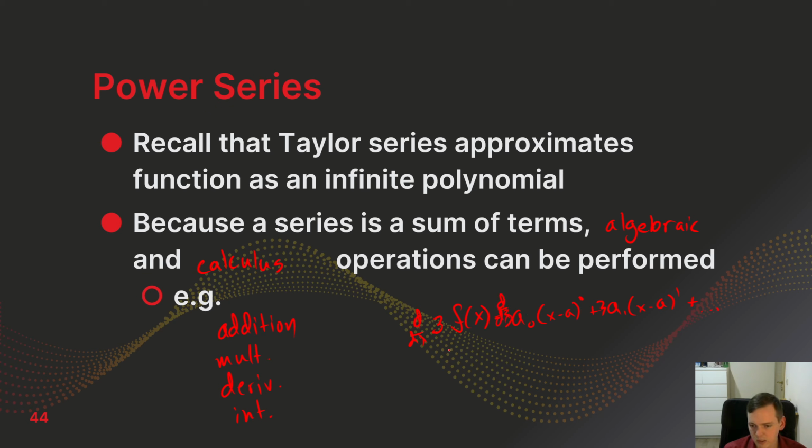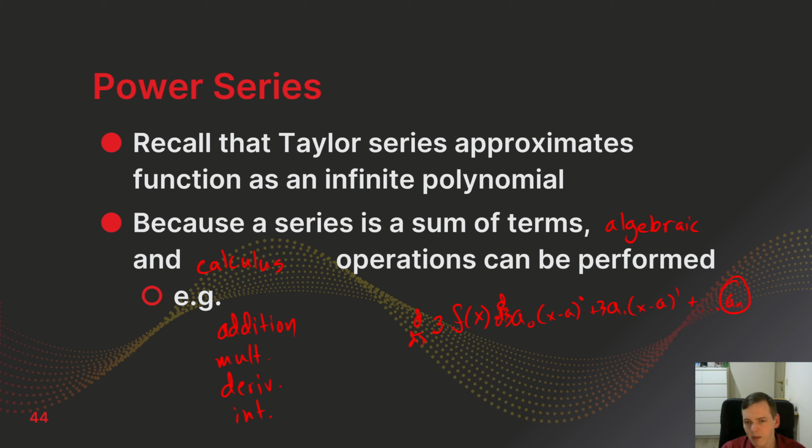If I integrate the function on the left, I can also integrate each of these terms. And depending on what the general term is, a sub n, I might be able to even operate on the general term and rewrite the entire function, rewrite a specific power series for a given unknown function.